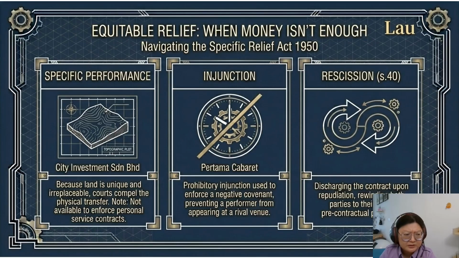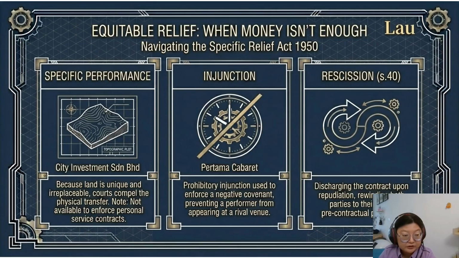The second remedy is an injunction, a court order directing a party to stop breaching their contractual obligation. In Pertama Cabaret Nightclub Sdn Berhad and Romantang 1981, the court granted an injunction to prevent a performer from appearing at the place while still contractually bound to the plaintiff.